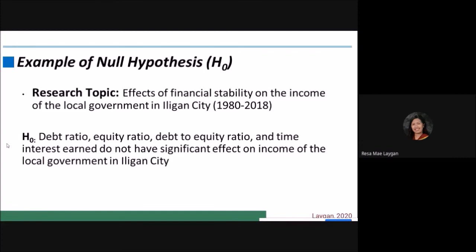But if my null hypothesis is false, then I will reject the null hypothesis. That means that the independent variables have a significant effect or relationship to my dependent variable.